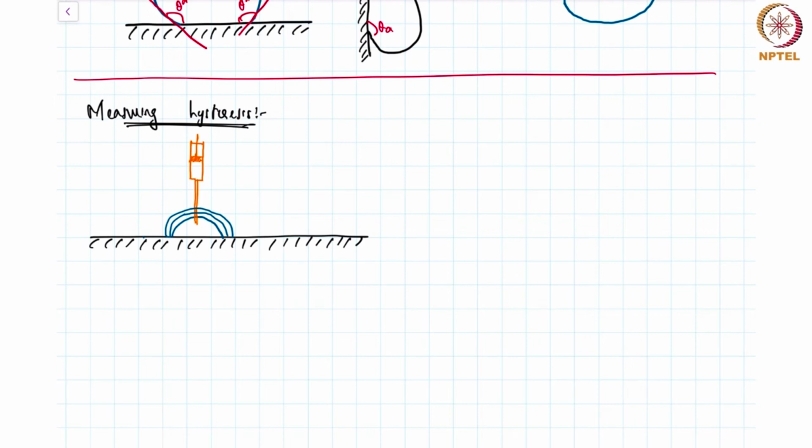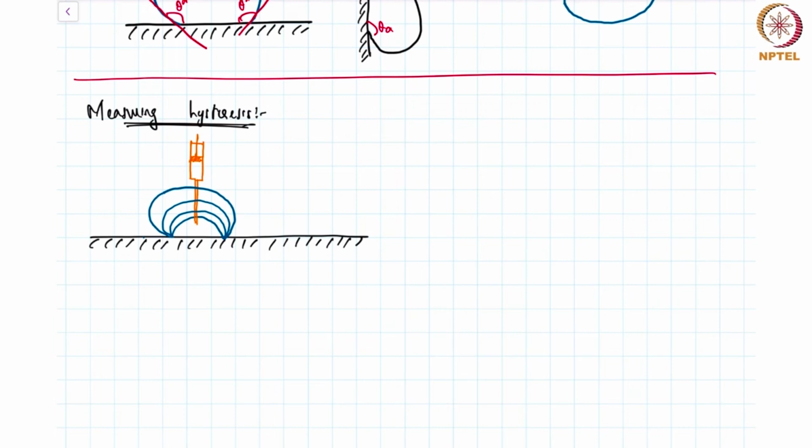Right? And once this happens, the angle becomes, well, maybe I should redo that. I made a small mistake there. What tends to happen is that the droplet will resist spreading and the angle will keep increasing, and it will reach a threshold.